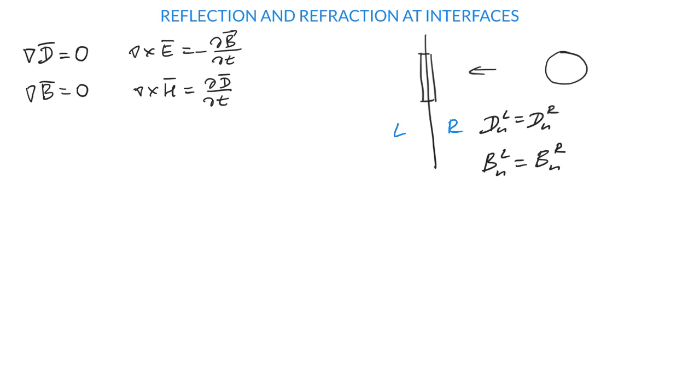Now, for the tangential components, we have to consider a loop like this and apply the Stokes theorem using the curl equations. So this will give us that the tangential components of E and H must be continuous. So E parallel left must be equal to E parallel right, and same thing for the H field.